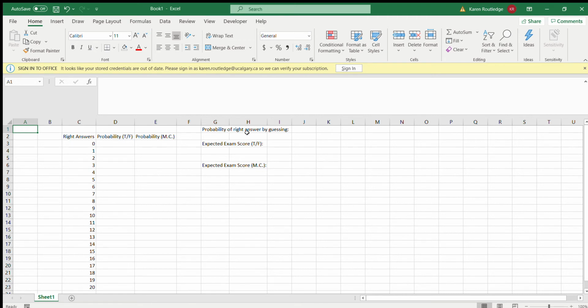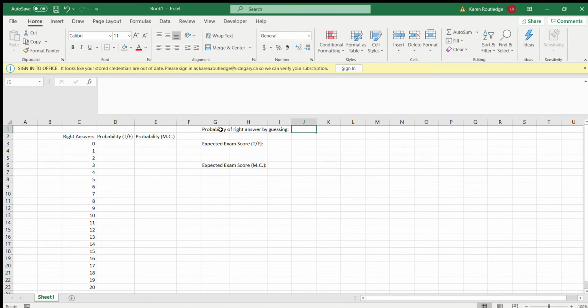And for this case, I want to consider a student who literally knows nothing about whatever the material is. So they're taking the test, doesn't know anything, and so they will have to guess on every single question. Now, for this first example, our test is 20 true-false questions.